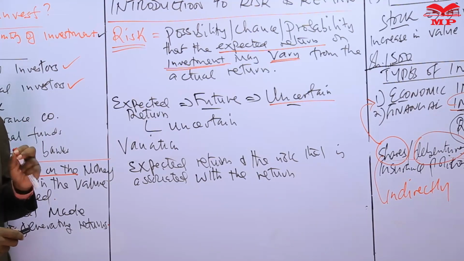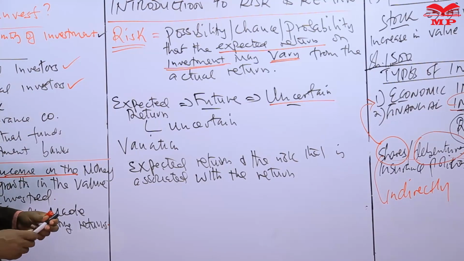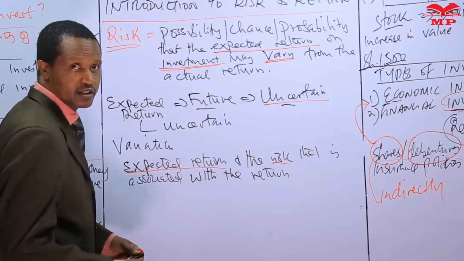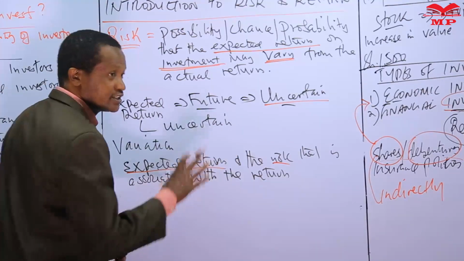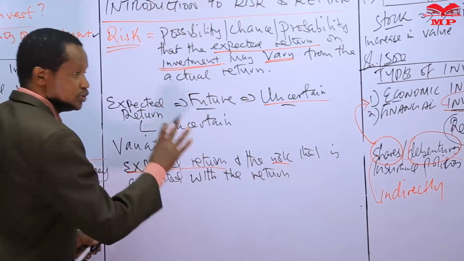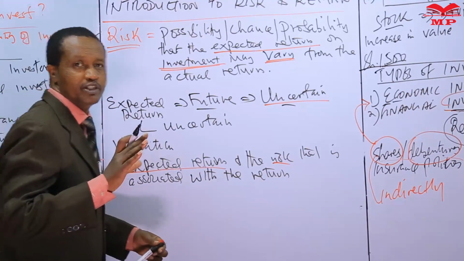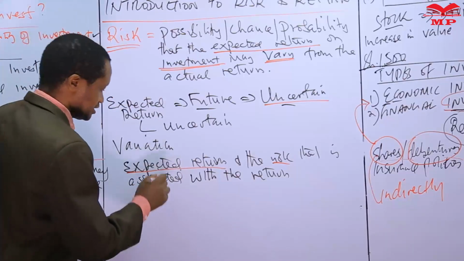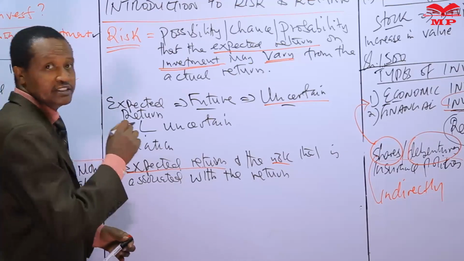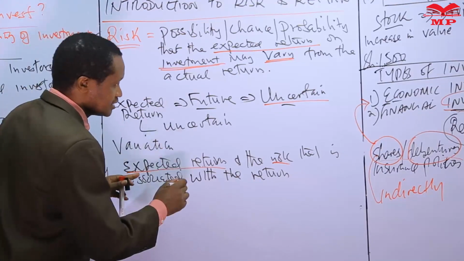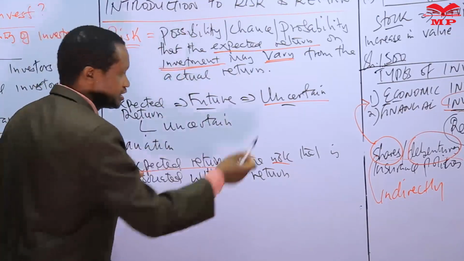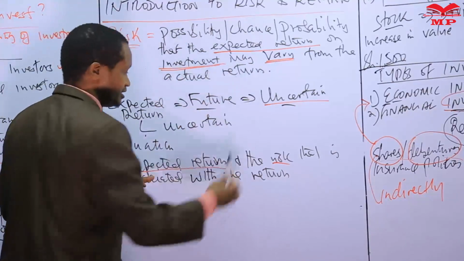They are the two factors associated with any investment. So I'm repeating, if you are making any investment, that investment you do with the anticipation of getting returns, expected returns. These returns are futuristic, and due to the fact that they are futuristic, the future is always uncertain.